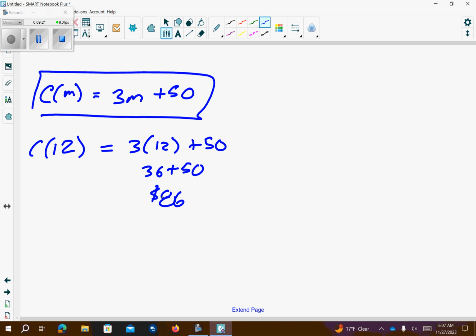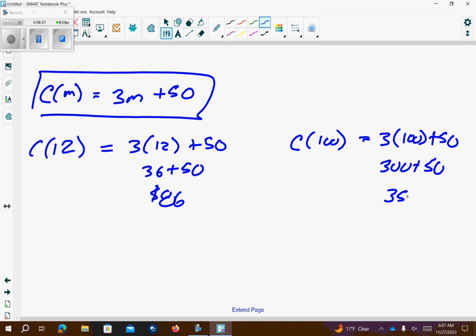Determine the output of the function when the input is 100. So C of 100 means they want to tow it 100 miles. That's a long tow. So 3 times 100 is 300 plus 50. So it's going to cost $350 to tow the car. That's the answer to letter C.